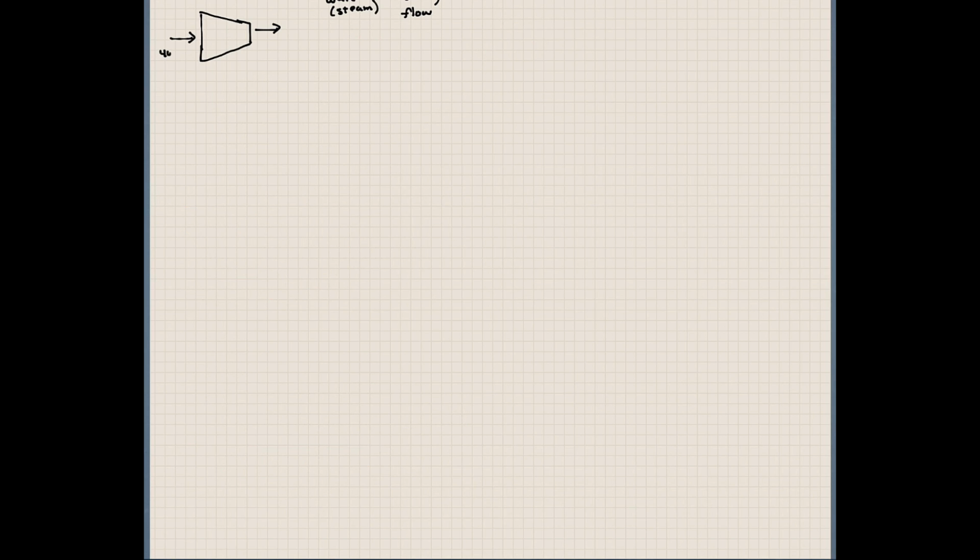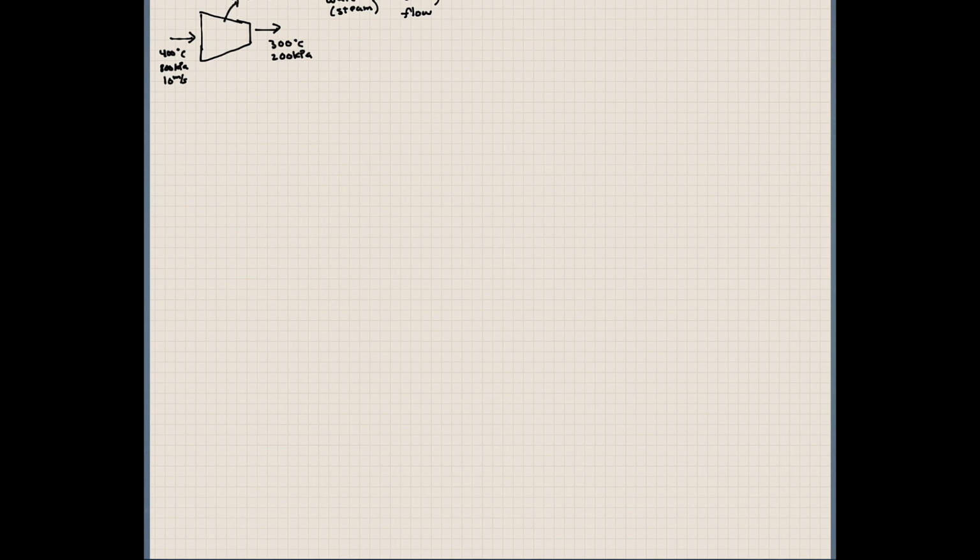So we have 400 degrees Celsius, 800 kilopascals, and coming in at 10 meters per second here. Exiting, we have steam at 300 degrees Celsius, pressure of 200 kilopascals, and we have some heat loss through this nozzle, which is a value of 25 kilowatts.